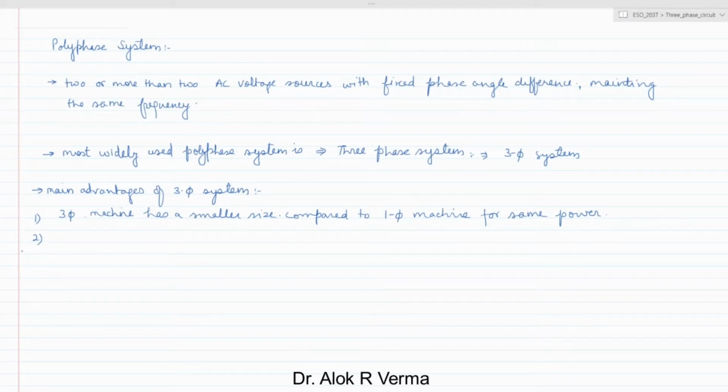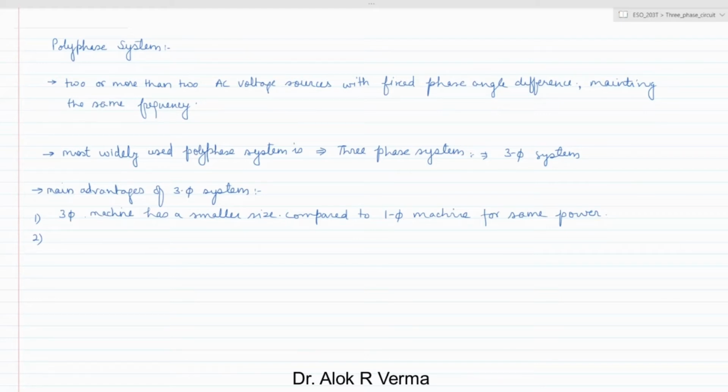The next is that the voltage drop in conductors from source to load is less in a three-phase system. We'll be comparing: in the case of three-phase voltage, the power loss will be less per conductor compared to single phase for the same power.